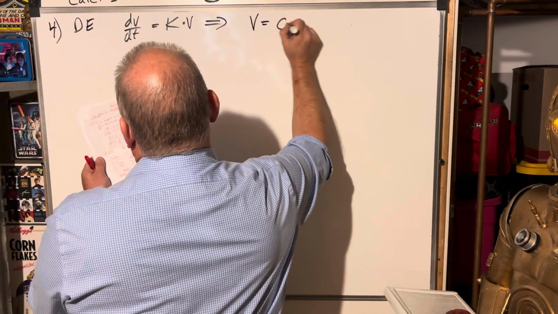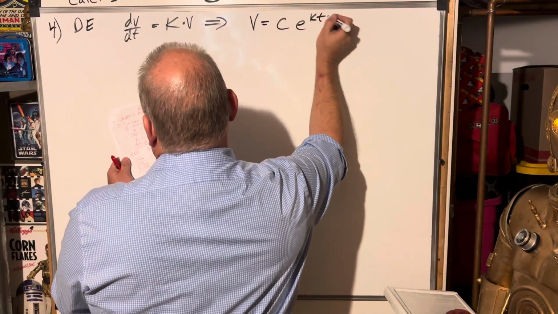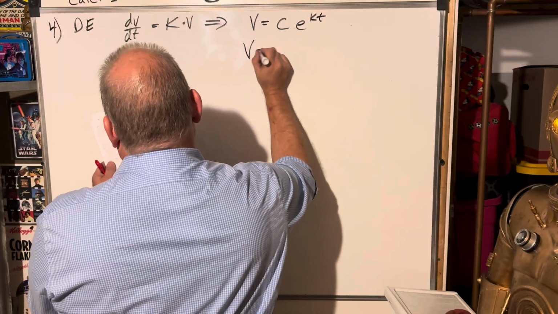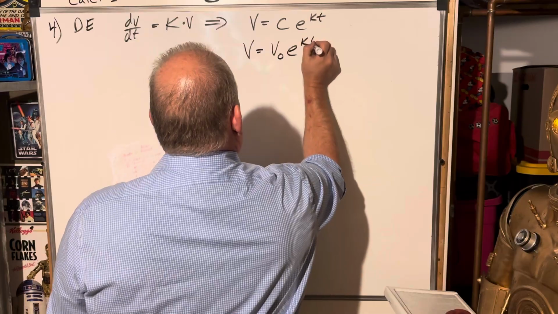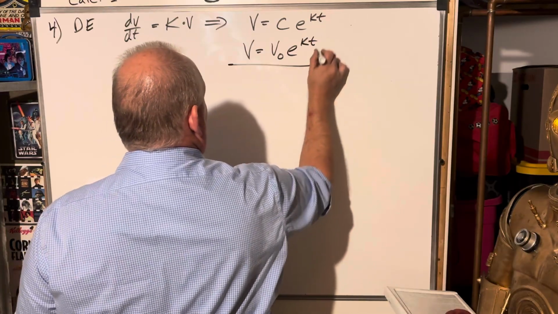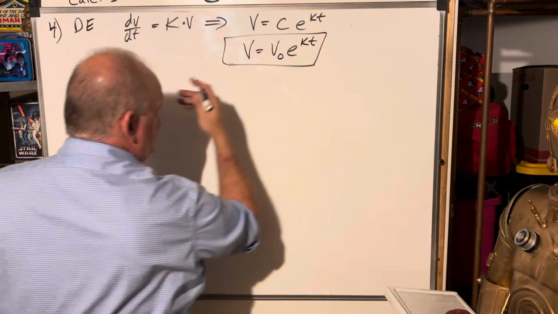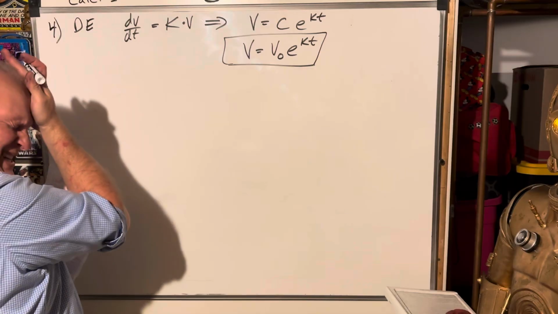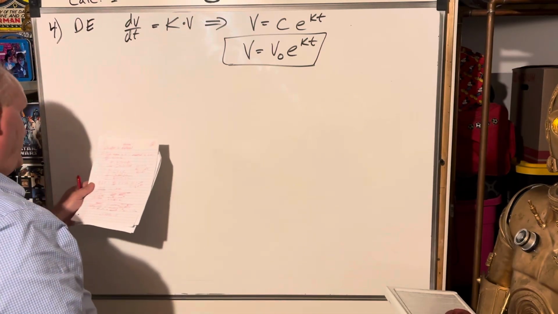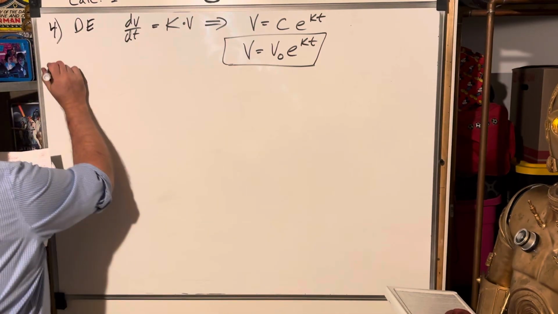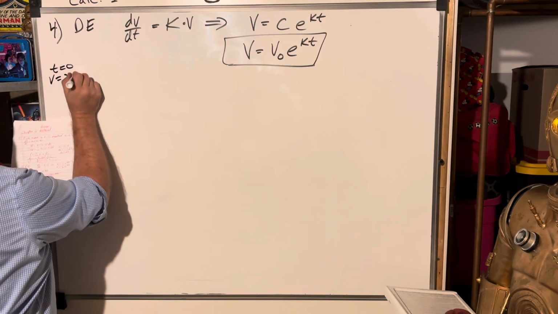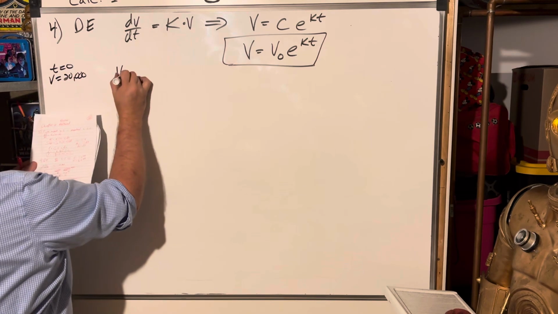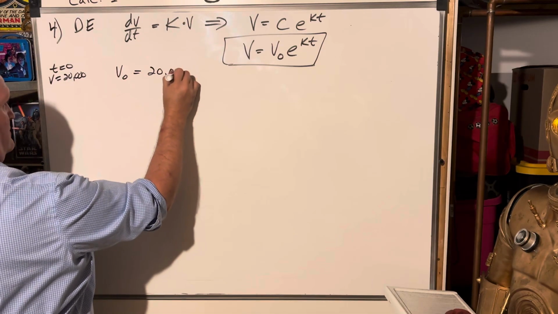V is equal to C e to the kt, or V is equal to V naught e to the kt. This is likely what you're going to see in a physics class, instead of a C they'll use V naught. They give us V naught actually. So when t is equal to 0 and V is equal to 20,000, we know that V naught is equal to 20,000.